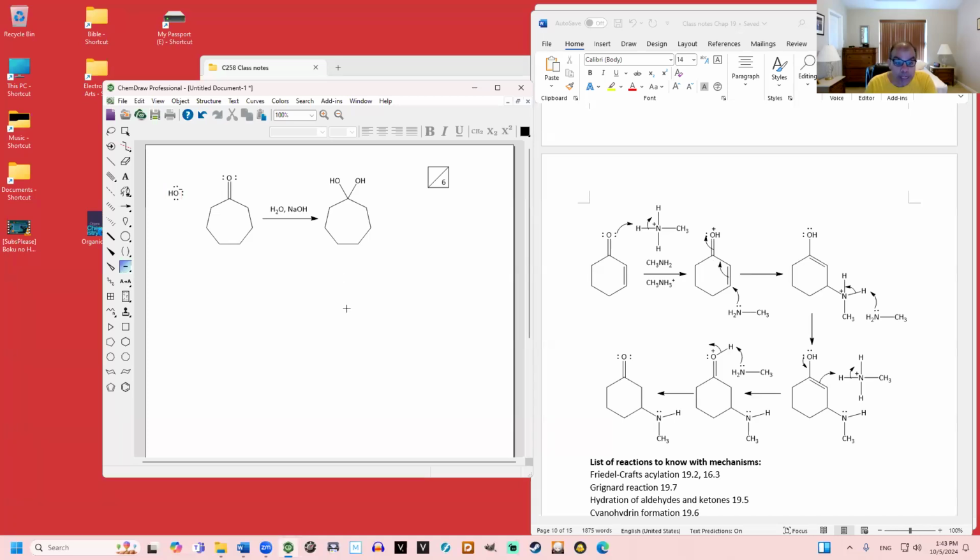We want to avoid this hydration happening. We want to keep that reactive carbonyl group. So normally we take steps to prevent this from happening. But in alkaline medium, of course, we don't protonate that carbonyl oxygen first. We just immediately start with the nucleophilic attack of the nucleophile onto the carbonyl carbon.